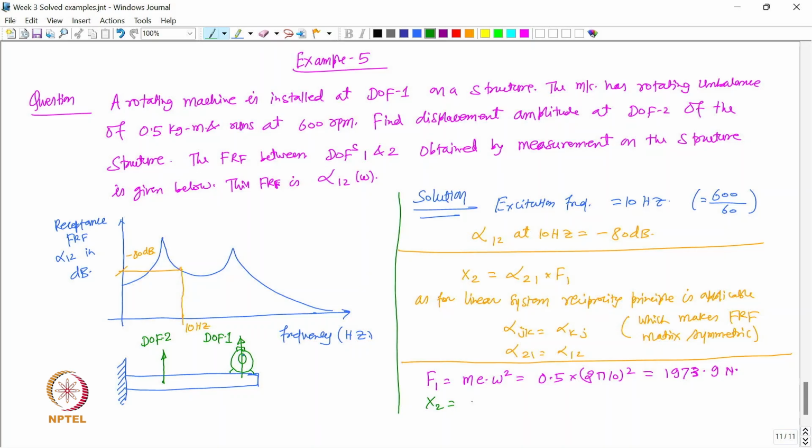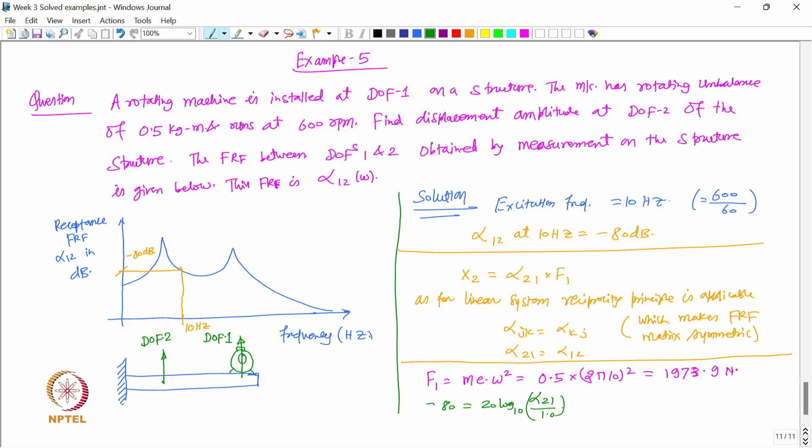Of course, we need to convert minus 80 dB into the linear value, because minus 80 dB is on the dB scale. So let us first convert that. Minus 80 is equal to 20 log10 of alpha 21 upon 1.